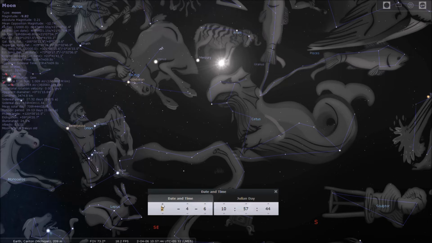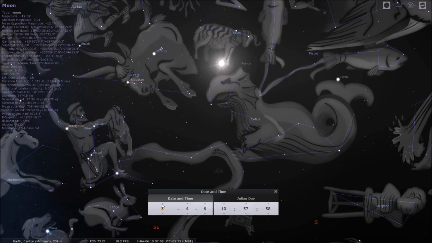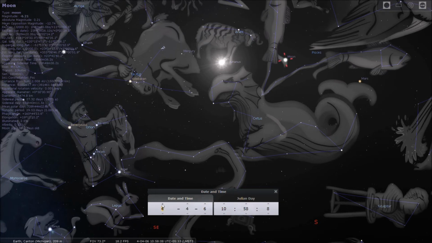And the moon is a couple of constellations away. Mercury just passed it. Uranus is getting close to it. 3 AD, sorry. And then 4 AD, the moon is in Pisces, 28 days old.